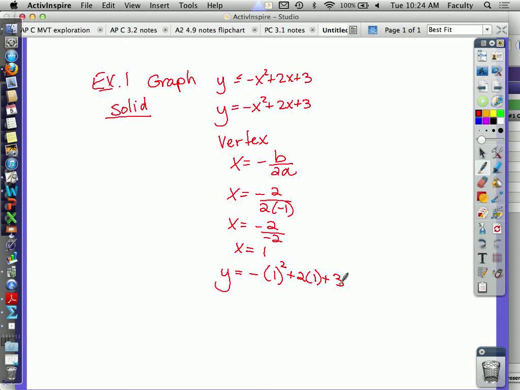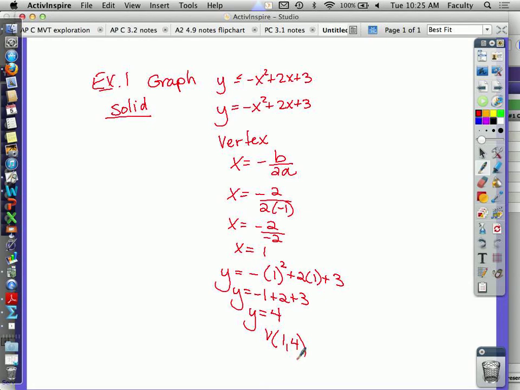Okay, we've already done this before. Notice that negative is not inside a parenthesis with the x. Only the x is getting squared and there's a negative in front. So y is negative 1 plus 2 plus 3. So y is 4. So the vertex is 1, 4.